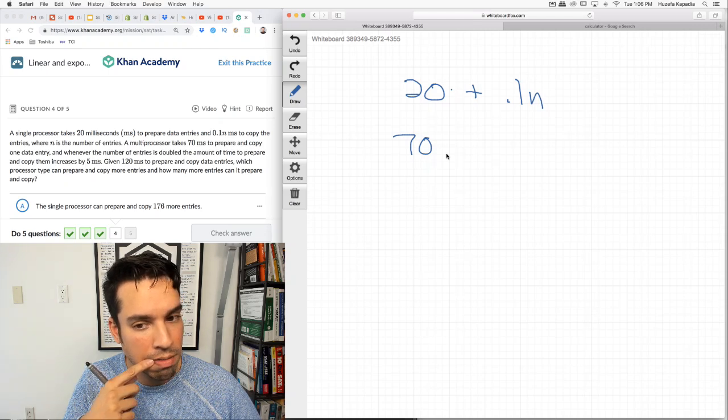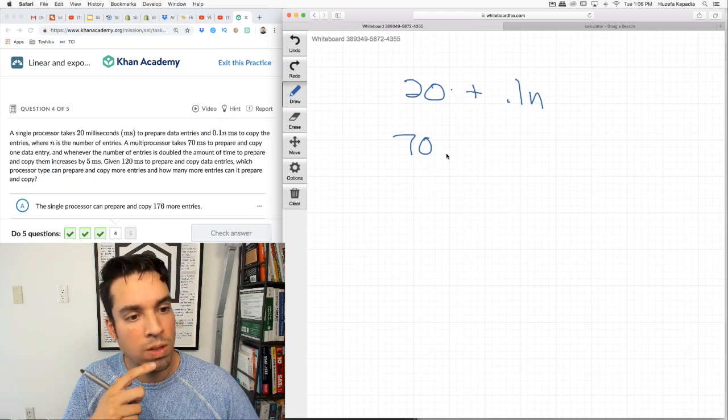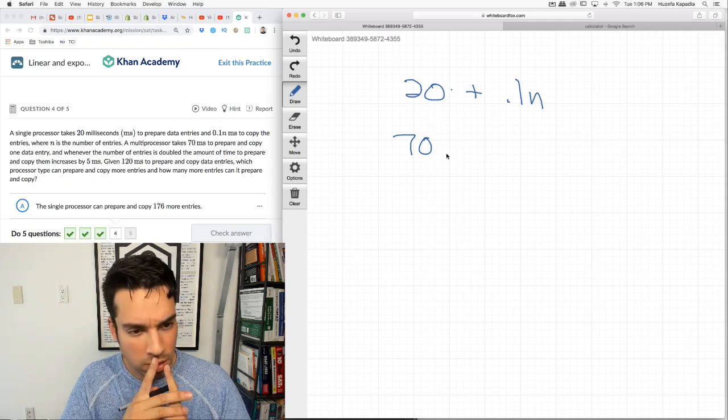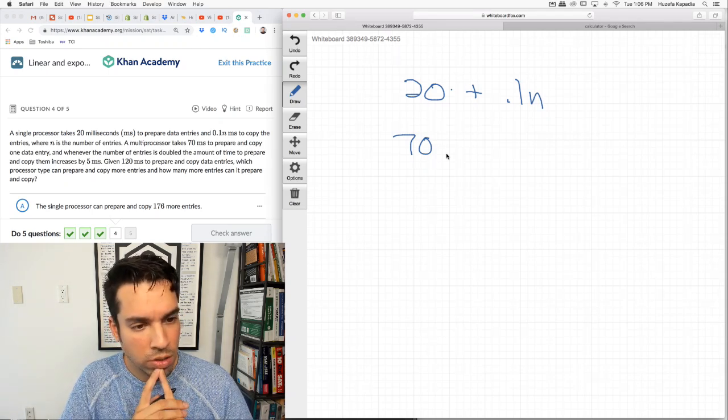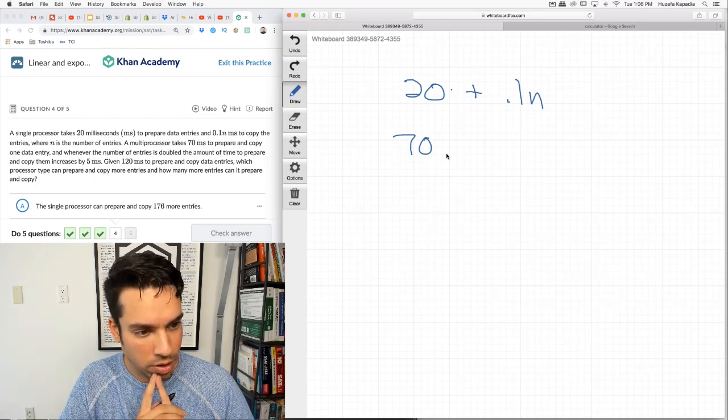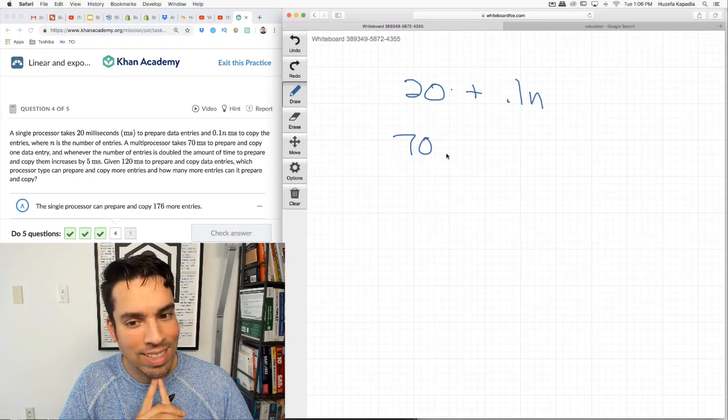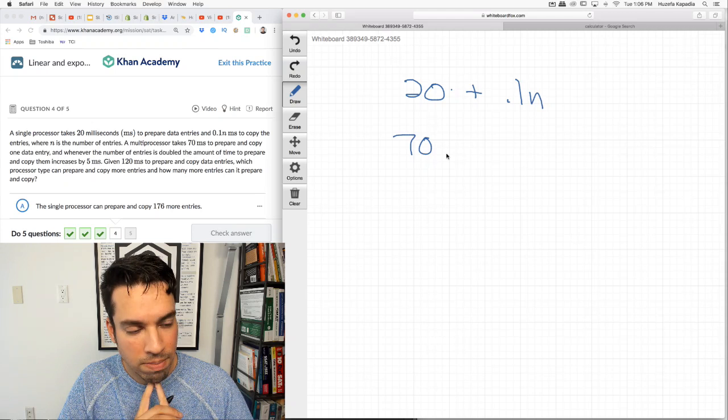A multiprocessor takes 70 milliseconds to prepare and copy one data entry, and whenever the number of entries is doubled, the amount of time to prepare and copy them increases by 5 milliseconds.